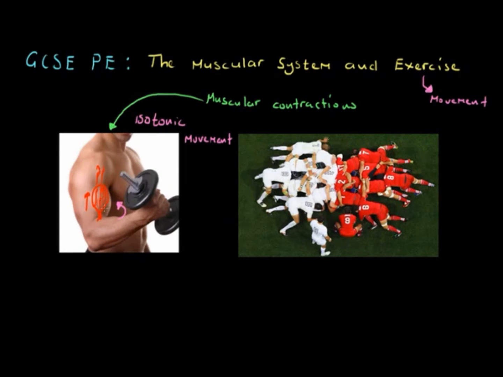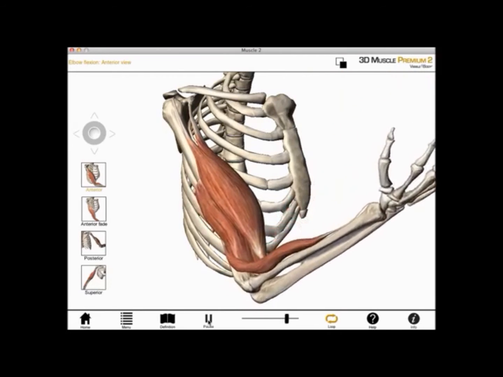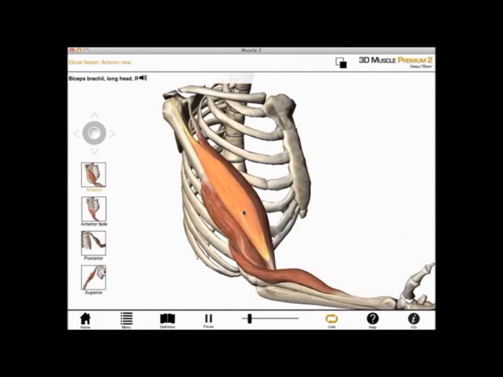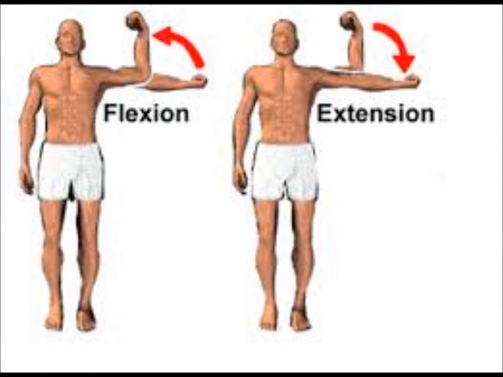You can physically see the muscles moving, so it's an isotonic movement. If we look at this diagram here, we can see that the bicep is working, the bicep is contracting, and movement is occurring.